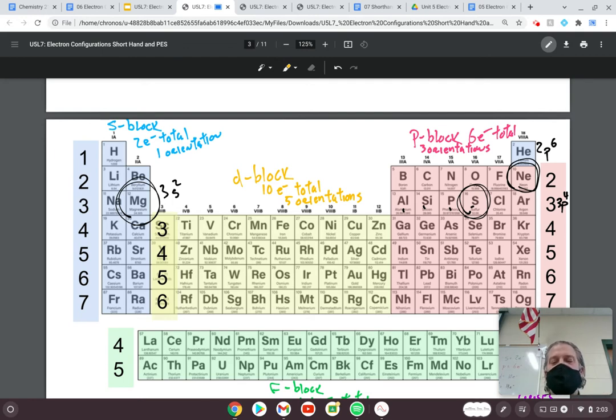So in this instance, sulfur has a noble gas directly to its right, argon, but it also has a noble gas one row above, neon. We're going to use the noble gas one row above because that's the noble gas that comes before sulfur on the periodic table. So neon is 10, sulfur is 16: 10, 11, 12, 13, 14, 15, 16.